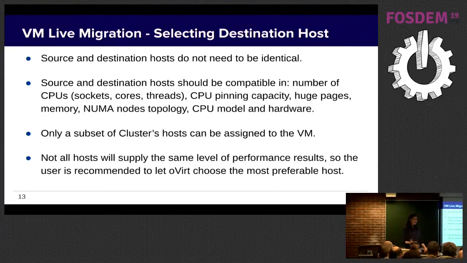So what we recommend you to do is let oVirt choose the destination host for you. You can choose it manually, but the default is to let oVirt do it. You will do the manual migration and let oVirt choose the destination host, because it can calculate all the details and all the parameters together and choose the best host for running the VM.